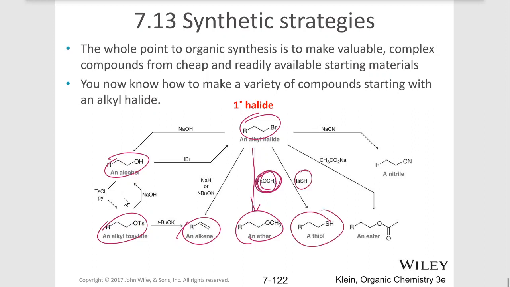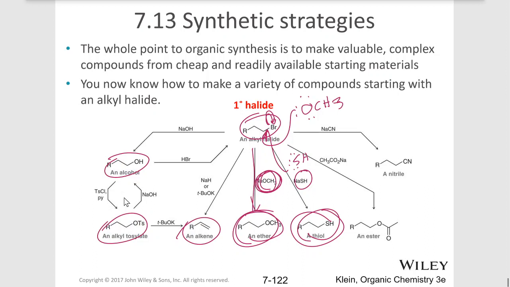So notice here, what I'm saying is, if I had OCH3 here, then that could attack, kick out the bromine, and then I've got the ether. If I had the SH here as my reagent, that can attack, kick out the bromine, then I've got a thiol.